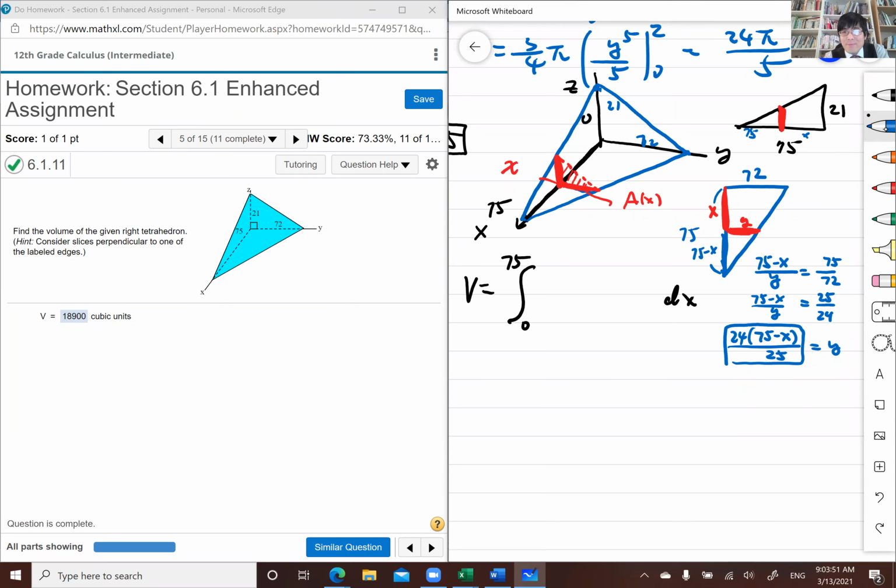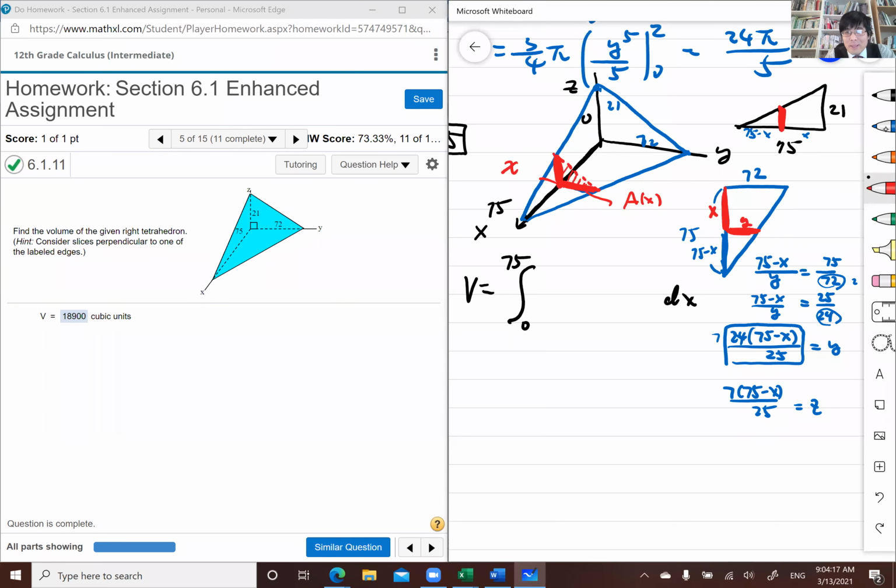So instead of 72, you are going to use 21 here. So instead of 24 here, you want to get 7 here. So Z will be 7 over 25 times (75 minus X). Okay, so this Y represents the length here, and this Z represents the height here.